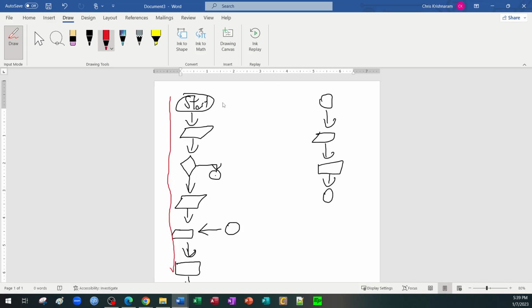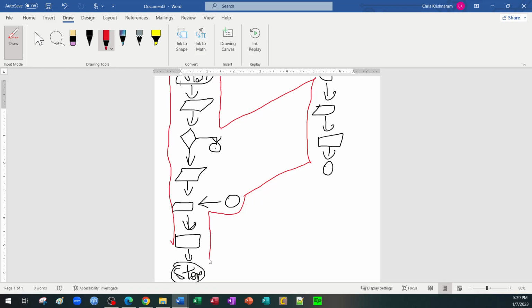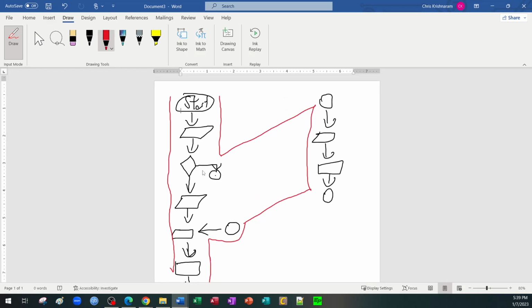But the other way could be we're coming down from a start here, we reach the decision, and the decision comes out on the right hand side here, so we go over to this part of the flowchart, the other flowchart with that connector, we come down and we reach the other connector, and we come over back here. So we join back into the main, and then we come down back here. So this is a more practical method of using that connector.